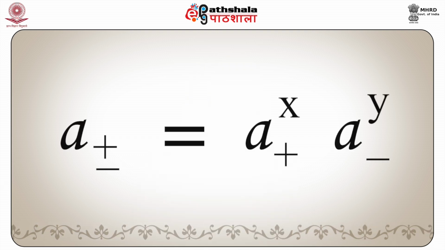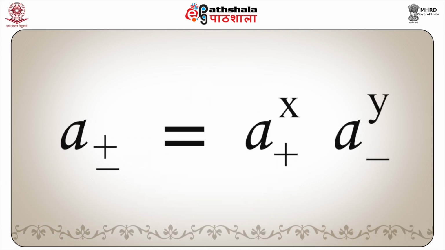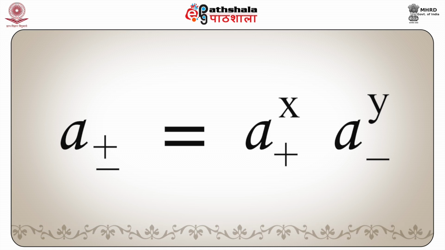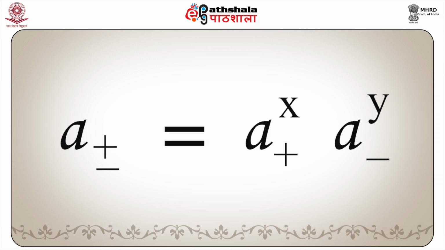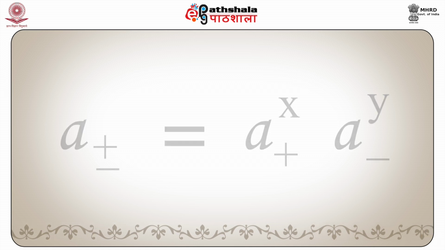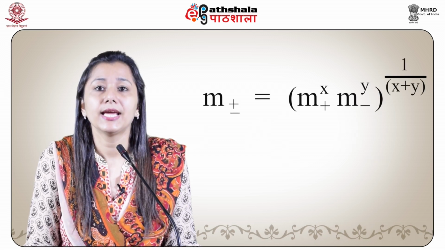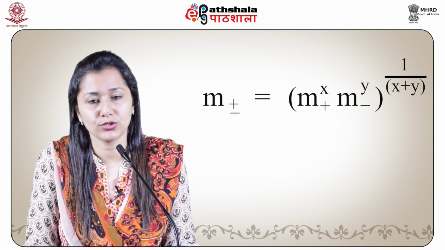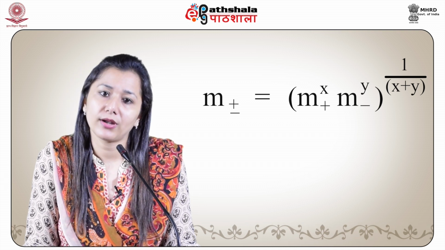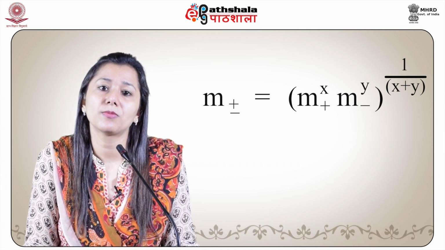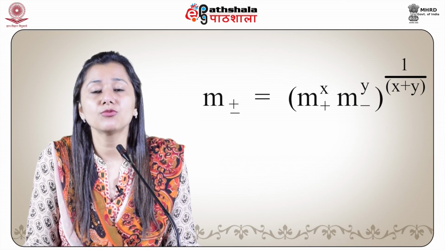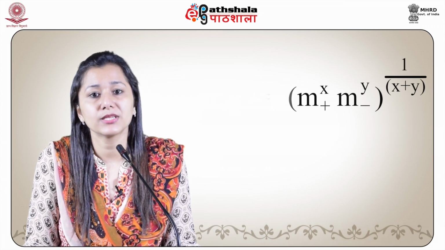Mean ionic activity a plus minus is equal to a plus raised to power x multiplied by a minus raised to power y. Mean ionic molality M plus minus is equal to M plus raised to power x into M minus raised to power y, whole raised to power 1 upon x plus y.